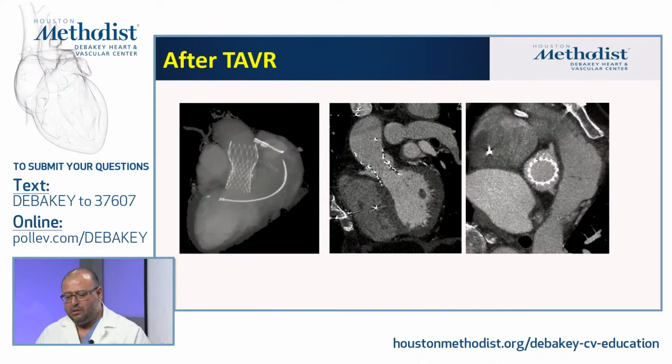And this can also be looked for in TAVR valves, which may sometimes be difficult to assess by transthoracic echo if you don't have a good view of the valve or if there is shadowing. This is, for example, one of my patients who had a TAVR valve, and she had a CT after, and everything looked fine.